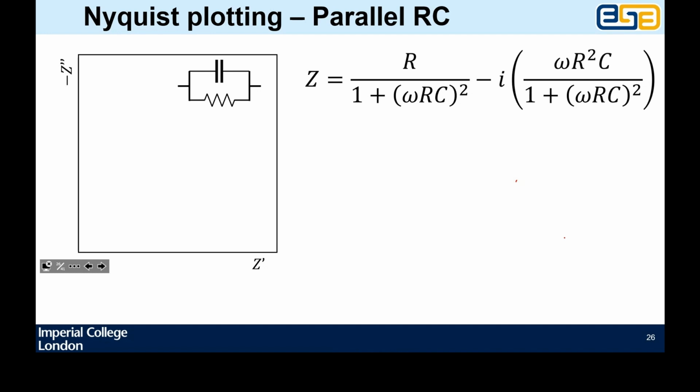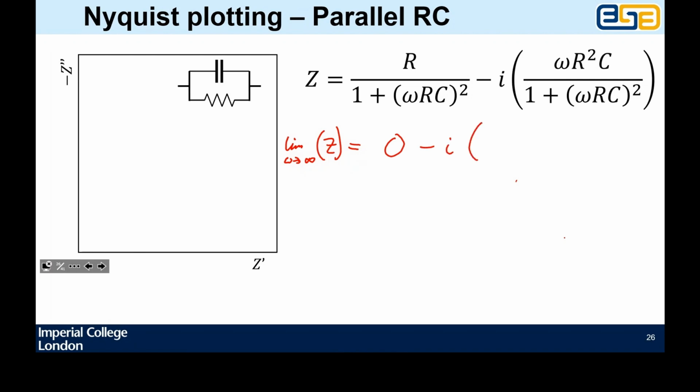So test some values of omega. Let's do the same limits analysis that we did before. The limit as omega goes to infinity of z, infinity is more fun. Let's look at the real bits. It's R over 1 plus (omega RC) squared. As omega goes to infinity, the denominator is a huge number, so it's R divided by a huge number, so it's going to be 0.